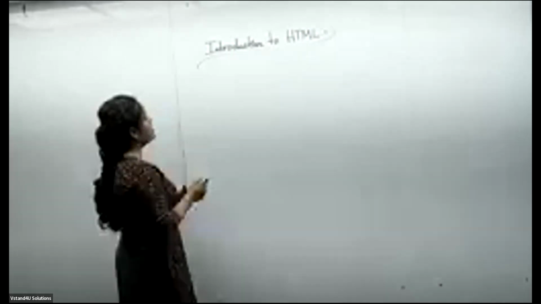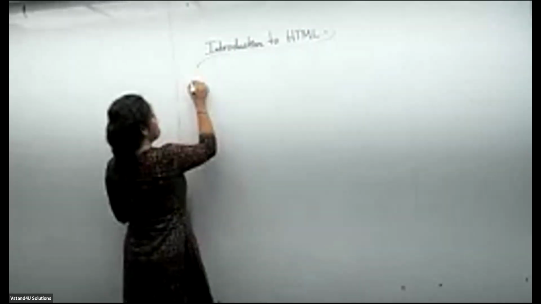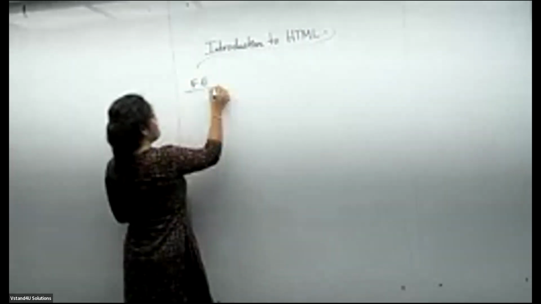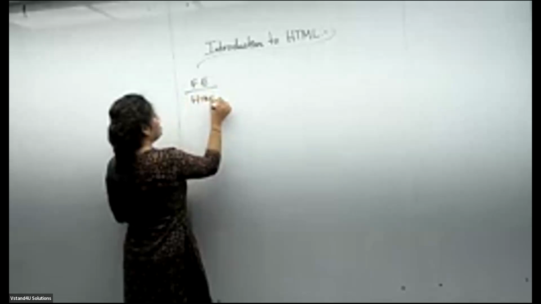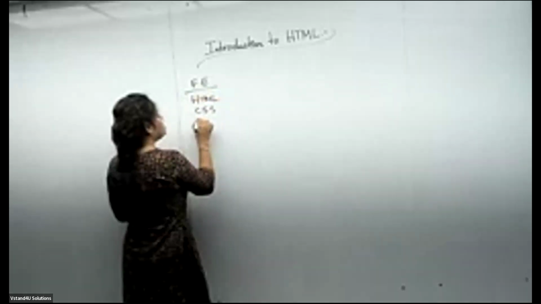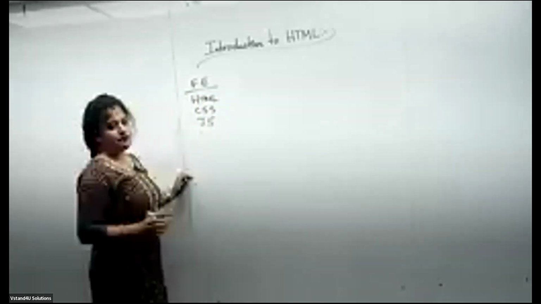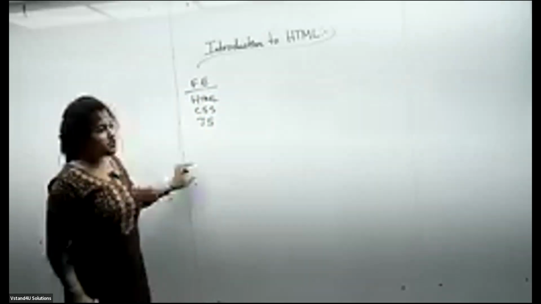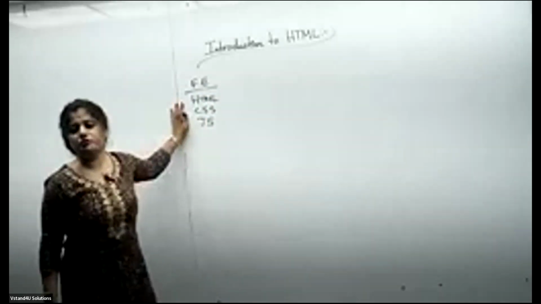Now again say, what are your front-end technologies? HTML, CSS, JavaScript. These are the three main things which you people will be using.